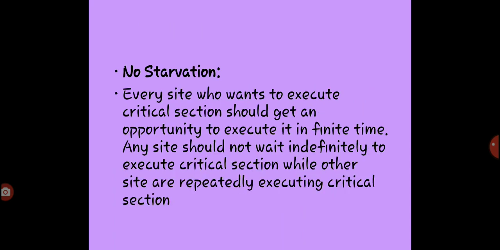The next one is no starvation. Any process should not wait indefinitely to use a resource. Here we mean the critical section, which is the area in which no other process can enter; only the current process can execute. Instead of saying critical section, I say resource.